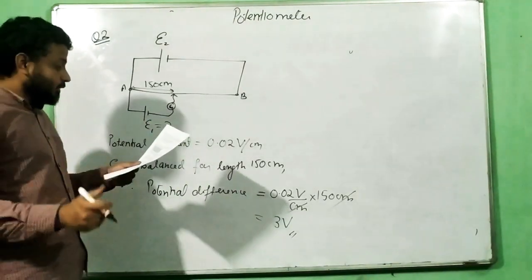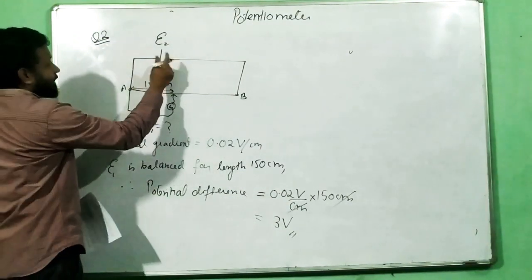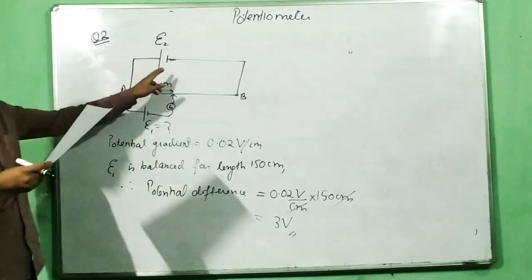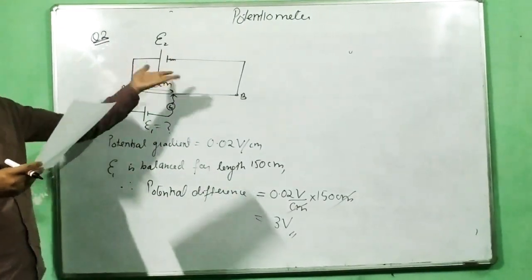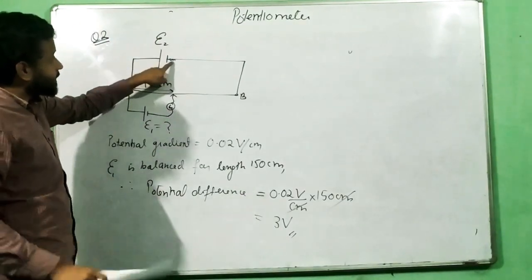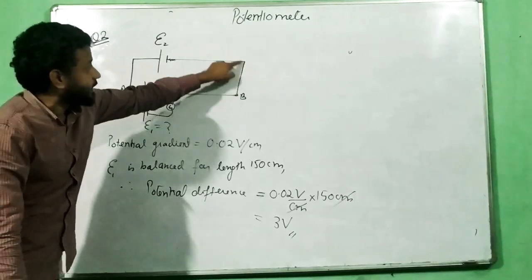Now the second part of the question says, if the internal resistance of the driver cell is increased, how will the balance point shift? Now remember here, if your internal resistance is increased, that means the current in this circuit will decrease.